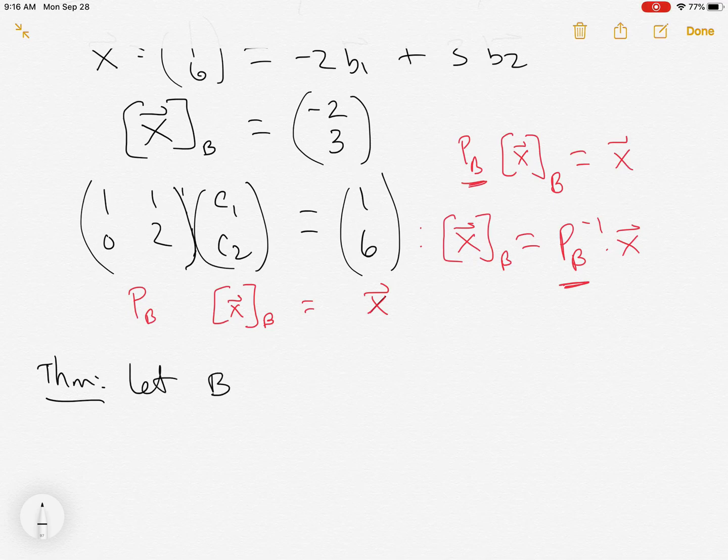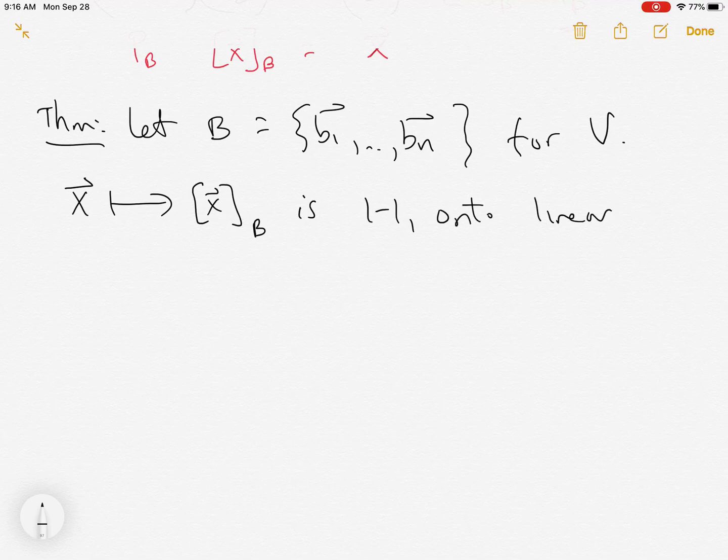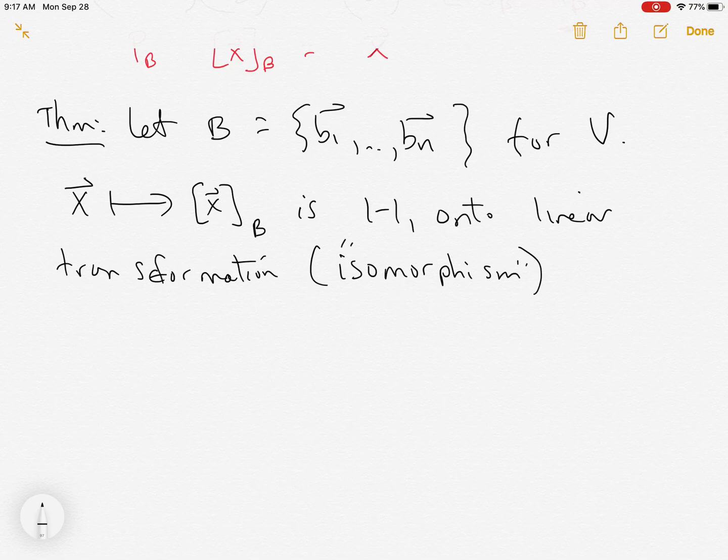Let B be a basis for V, for any vector space V. Then the mapping x to its coordinate vector is a one-to-one and onto linear transformation, which, by the way, is called an isomorphism. When it's one-to-one and onto, it's called an isomorphism.